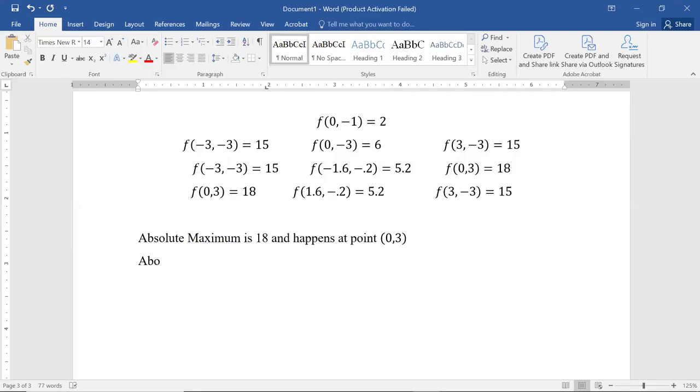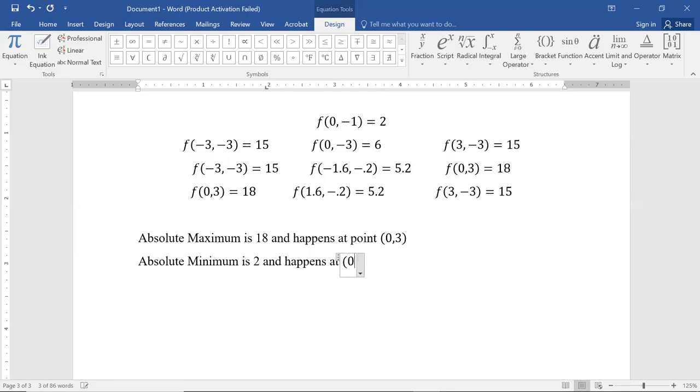On the other side, the absolute minimum is 2. That's the lowest value that was up there. And that happens at my point 0, negative 1.